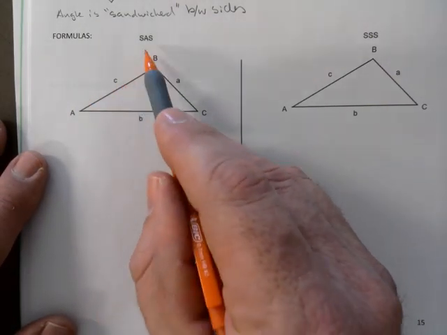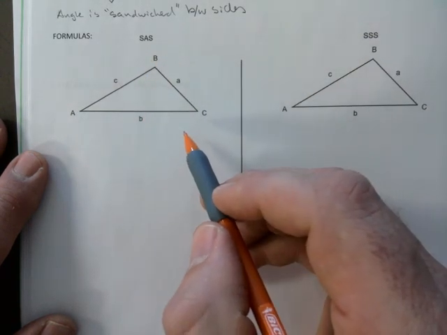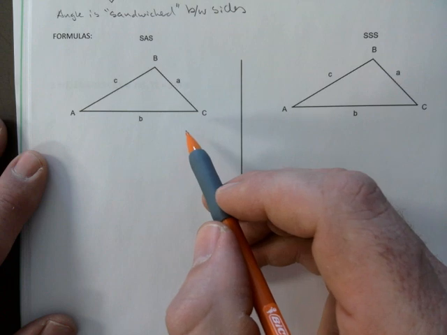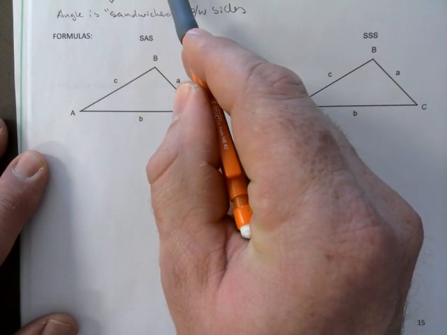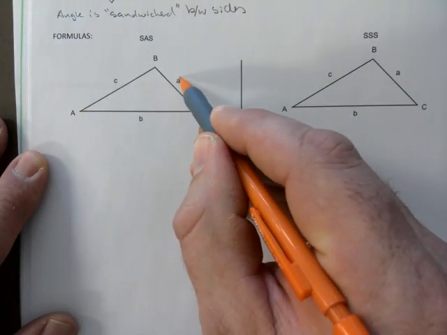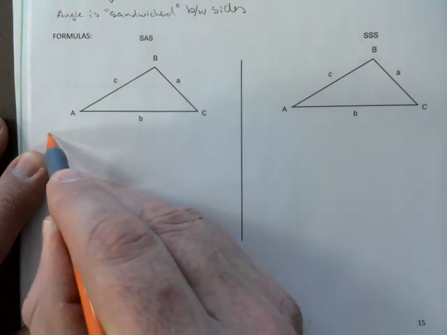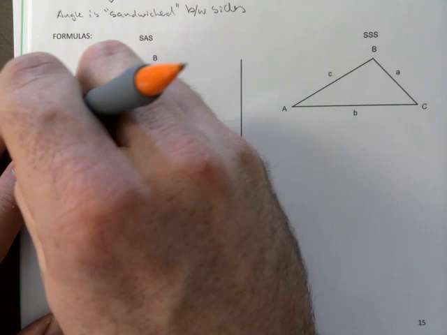Okay, so if it's an SAS scenario, chances are we're going to want to solve for this side across here. So watch this. If you're trying to solve for A, it looks like the Pythagorean theorem at first.